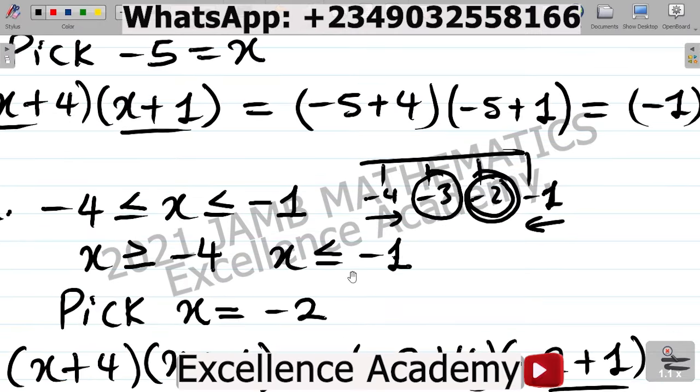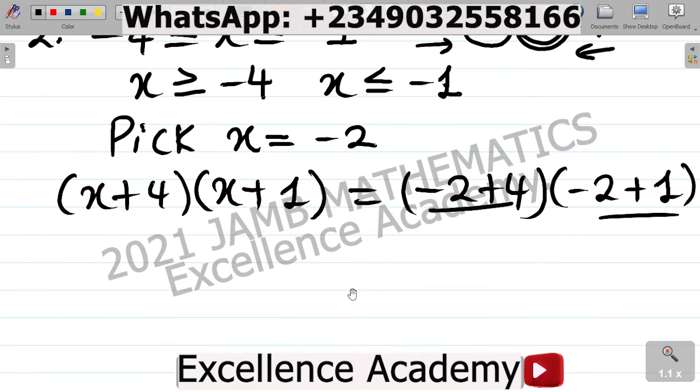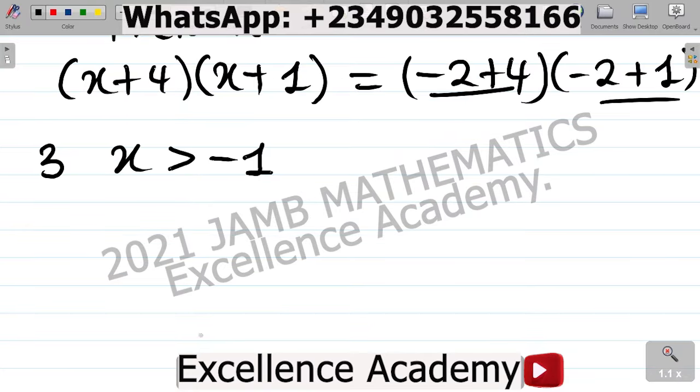Let's look at the last interval there, which is interval 3. So far, so good. We've done interval 1, interval 2. For interval 3, we said x is greater than minus 1. So for this, let's pick a number that is greater than minus 1. A number greater than minus 1 is 0.